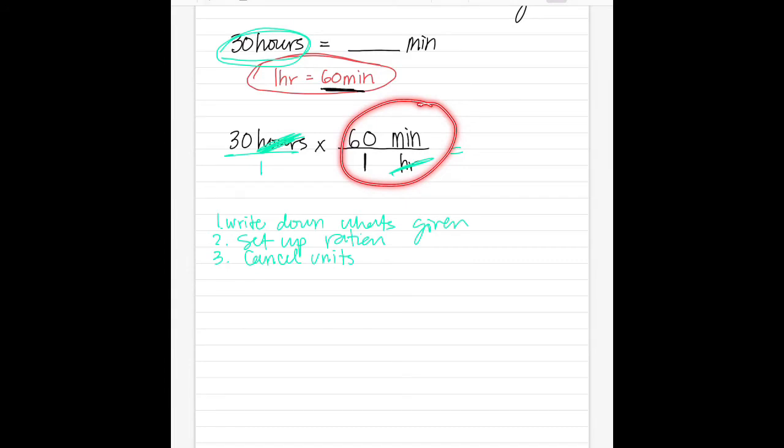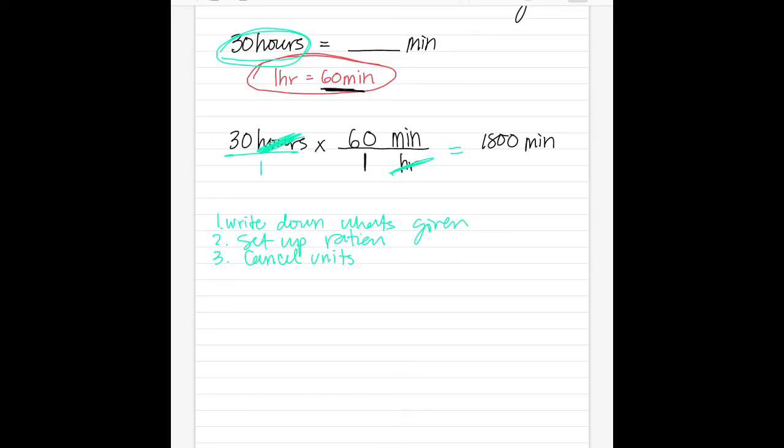But since the 60 is on top, you're going to do 30 times 60. That's real simple, I don't even have to pull my calculator out for that, because 3 times 6 is 18, plus the 2 zeros. We're looking at 1,800 minutes. Real simple, not too hard.